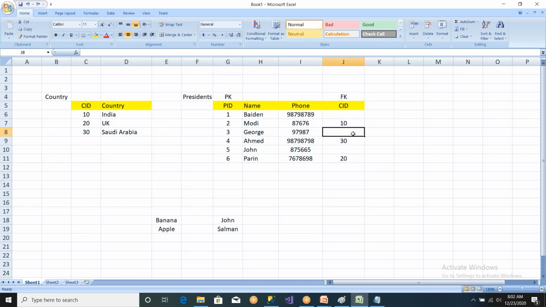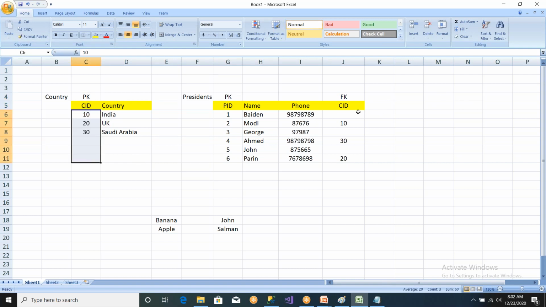Of course, the CID is coming from the country table. In the country table, CID is a primary key. It should not allow nulls, unique and not null. But the foreign key here, this CID is coming from the country table. How can it be null?